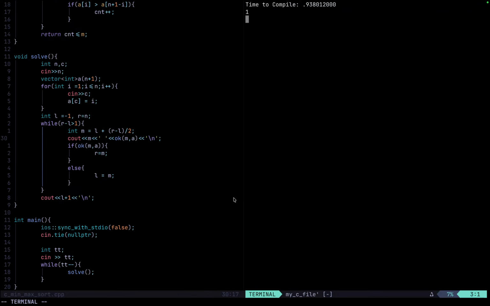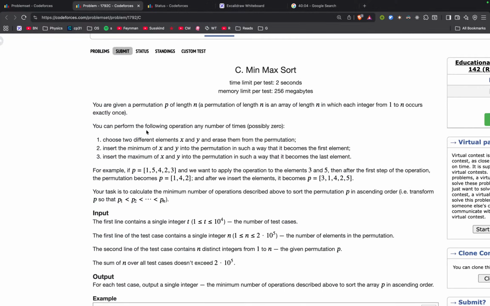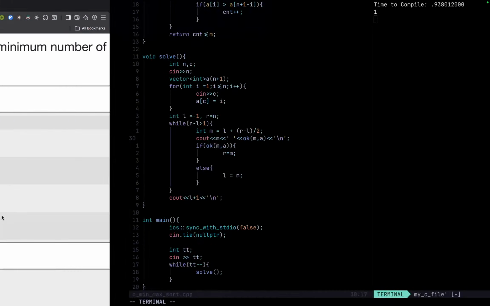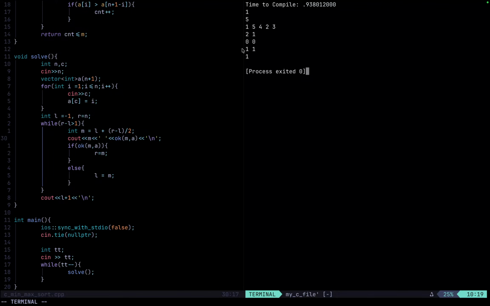Compile and run. We just have one test case, let's say, and we'll use this one. Okay, so we are saying for 2, we do have a solution. If you use 2, then we do have an answer. That is good.